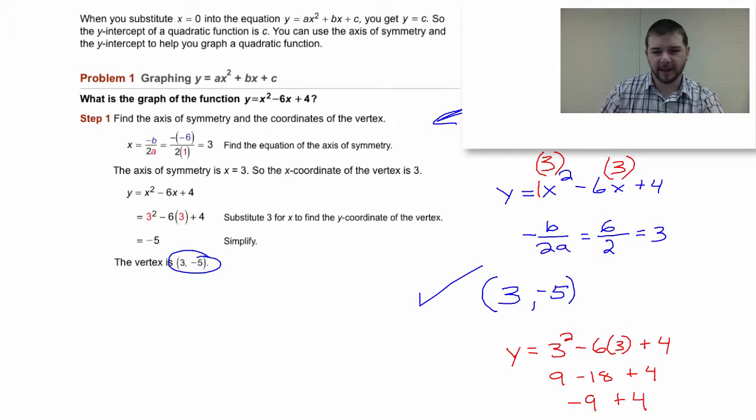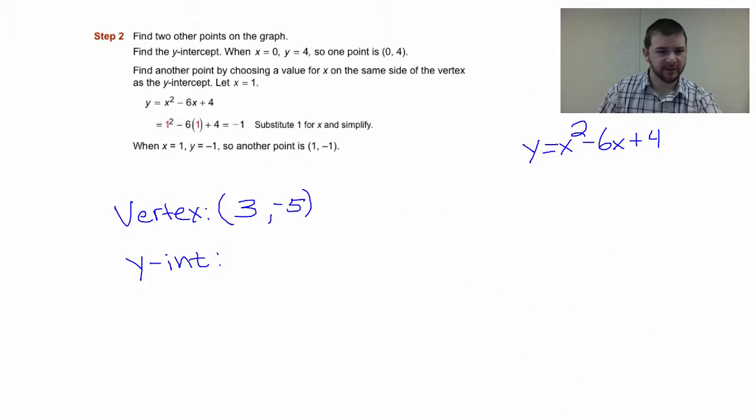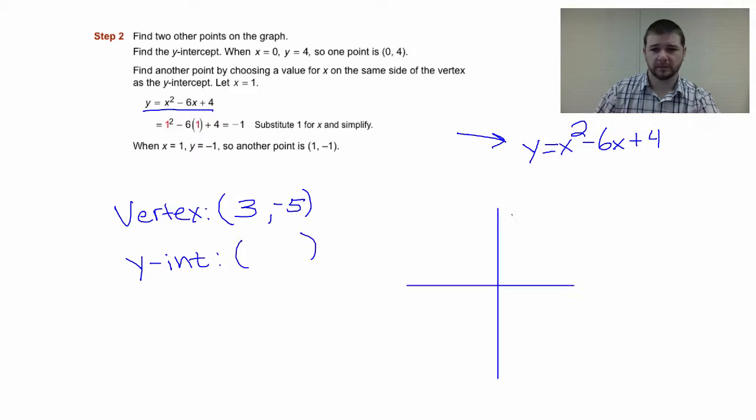But if you recall from my quick sketch earlier, we'd like to find one more point. And a convenient point to find is the y-intercept. So you can see I've transferred some of the most important components: our equation, the vertex we found on the previous page, and our goal is to now find the y-intercept.